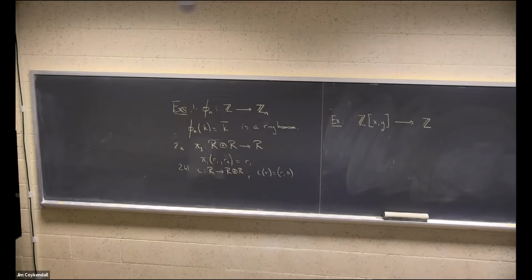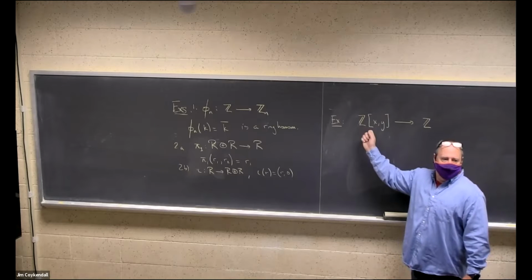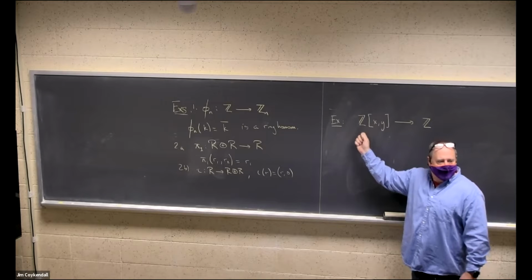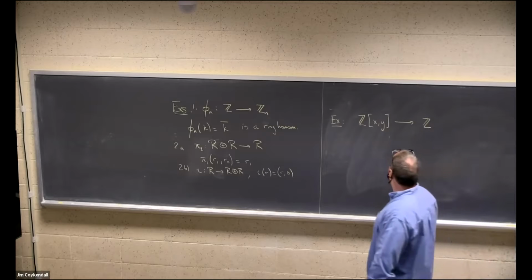Here's a good example. Here my ring is polynomials with coefficients in Z and two variables. This might be something that you see in Calc 3, where you do a lot of polynomials, except my coefficients are only in the integers.